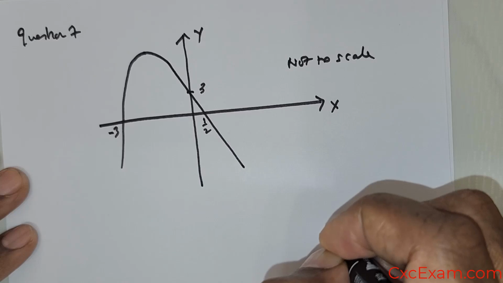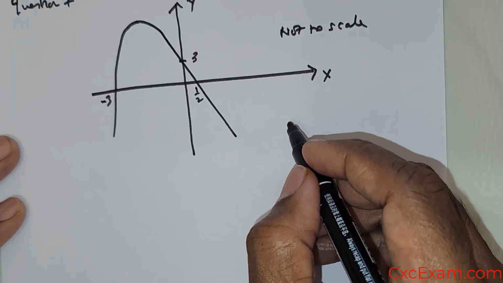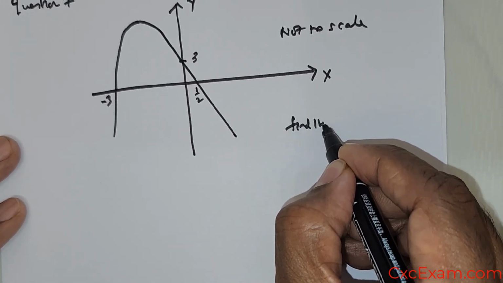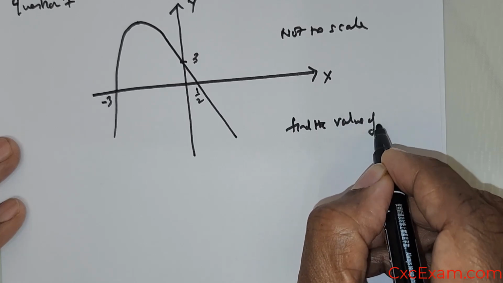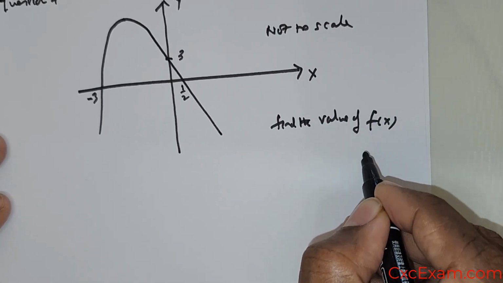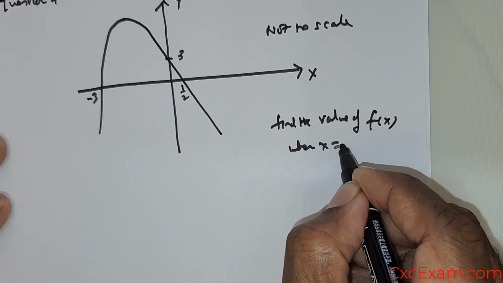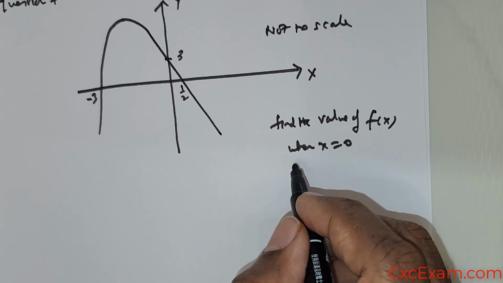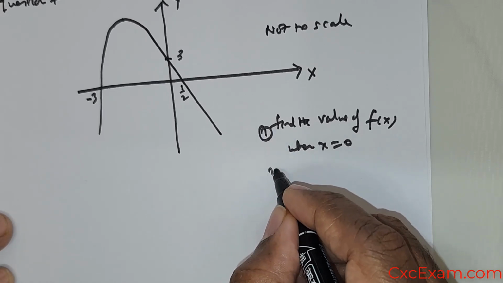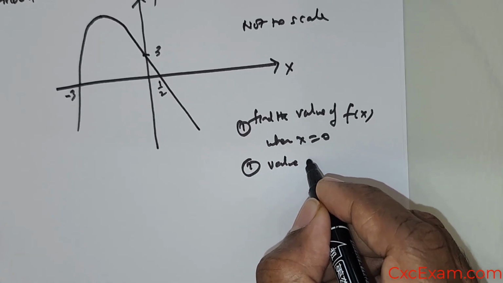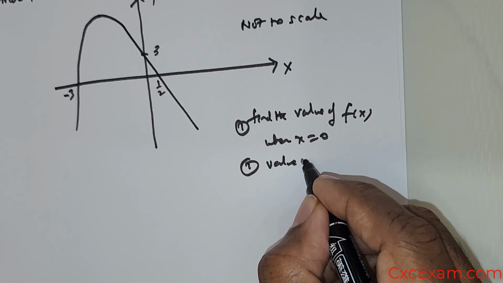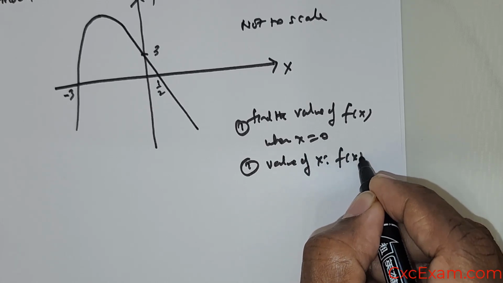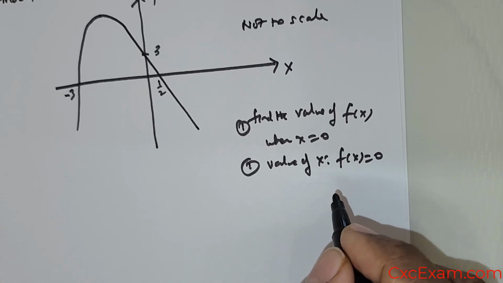Now the question is, we have to find the value of f of x when x is equal to 0. That's the first question. Now the next question is, we have to find the values of x when f of x is equal to 0. That's the second question.